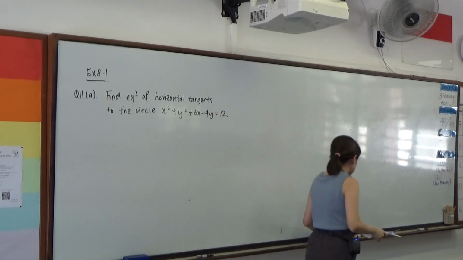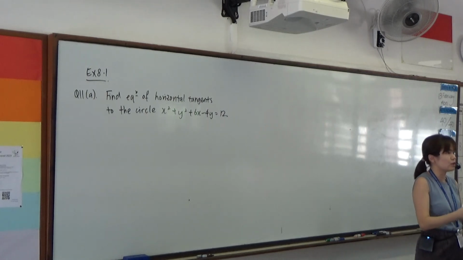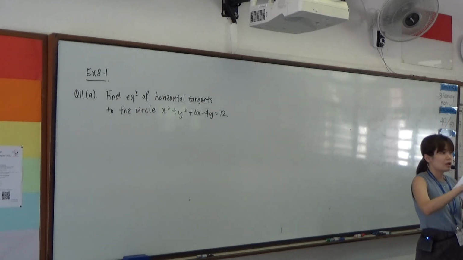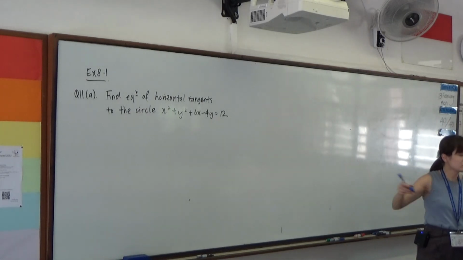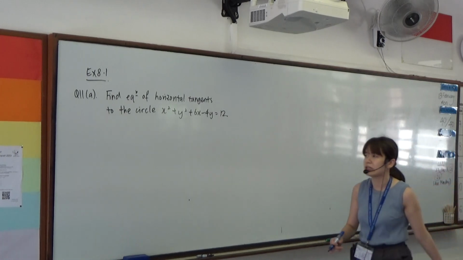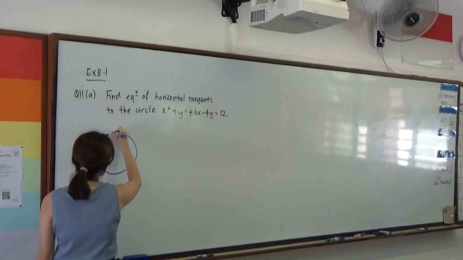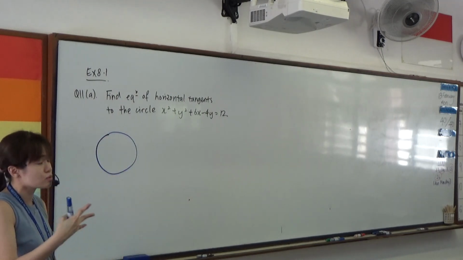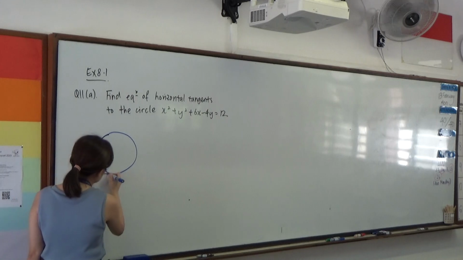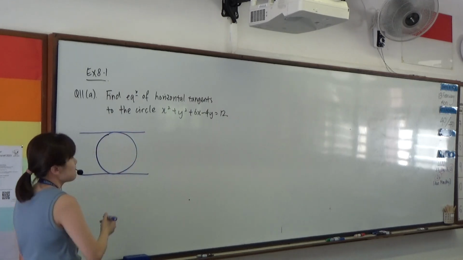Okay, let's look at 11A first. Can you minimize your discussion already? Now this question gave you the equation of a circle and wants you to find the horizontal tangents. We can imagine a circle itself. For horizontal tangents, there can only be two: one all the way at the bottom and the other all the way at the top.